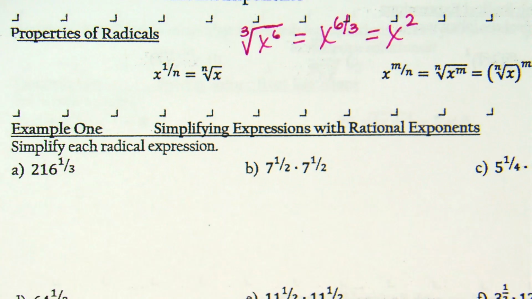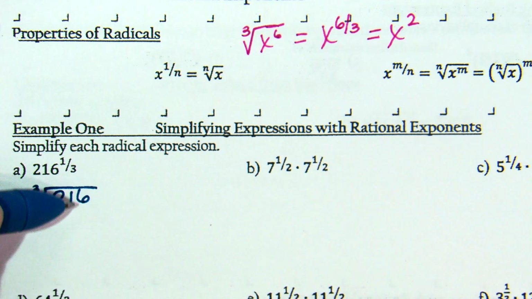Let's start with, what does it mean? 216 to the 1/3. That is the what of 216? Cube root, because the 3 is in the denominator. The 3 is your index. The cube root of 216, and officially that 1 on top could say 216 to the 1st. So the cube root of 216 to the 1st.